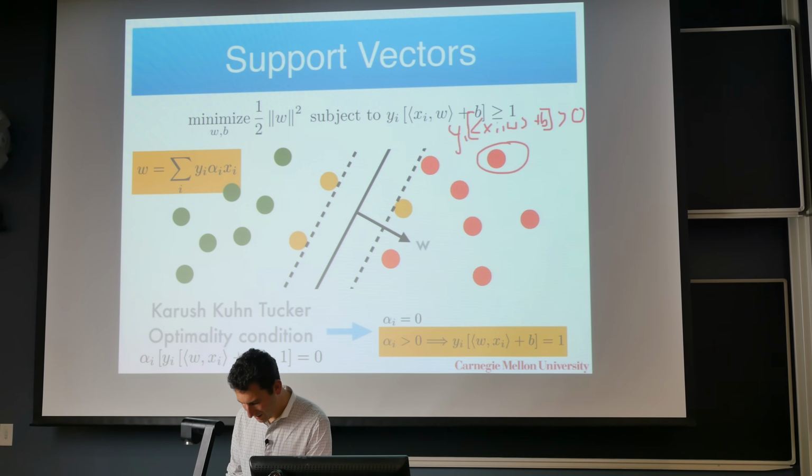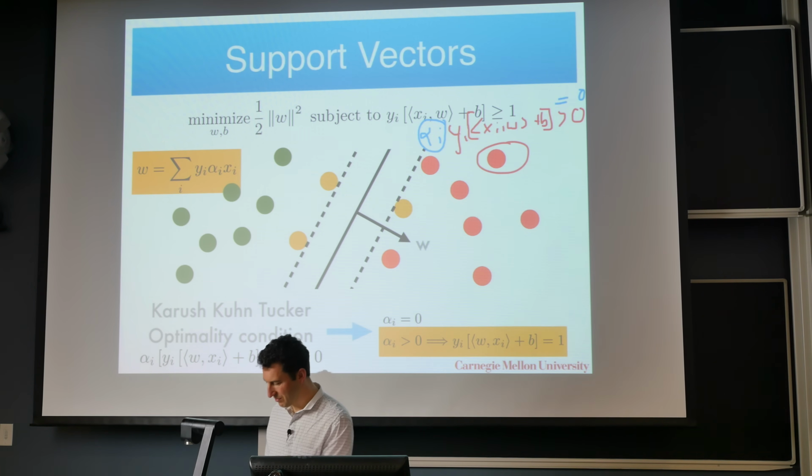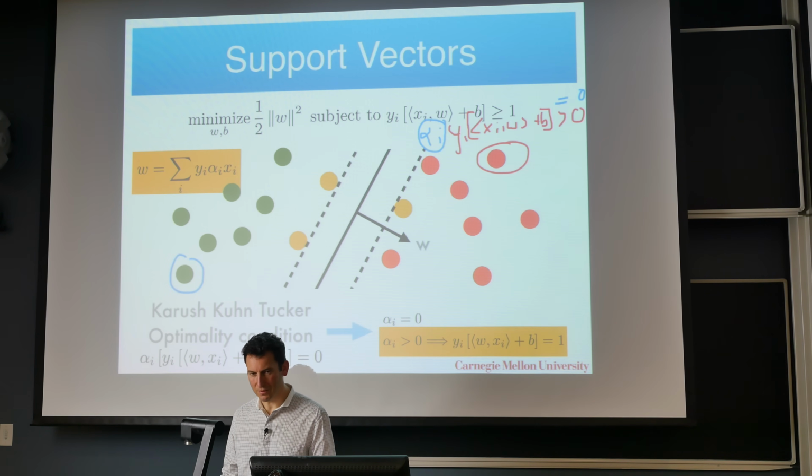Now that means that the corresponding alpha i, because I need to have that this equals 0, right? So this guy has to be 0. Likewise, for any point over here, I also get alpha i equals 0.